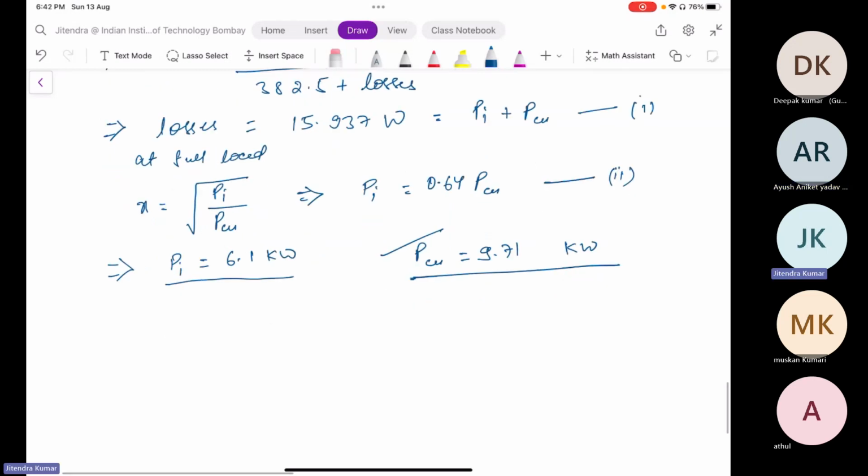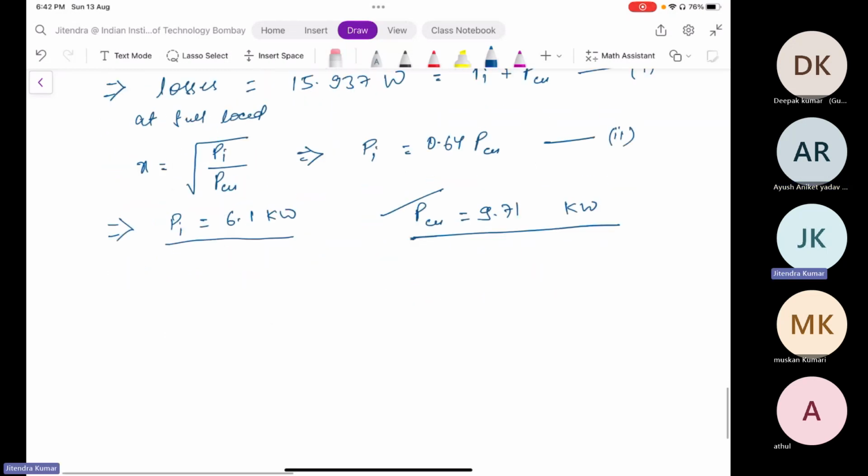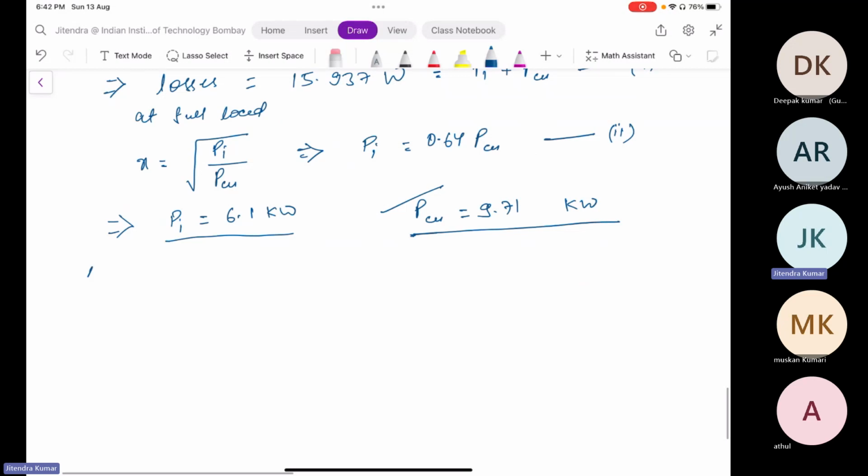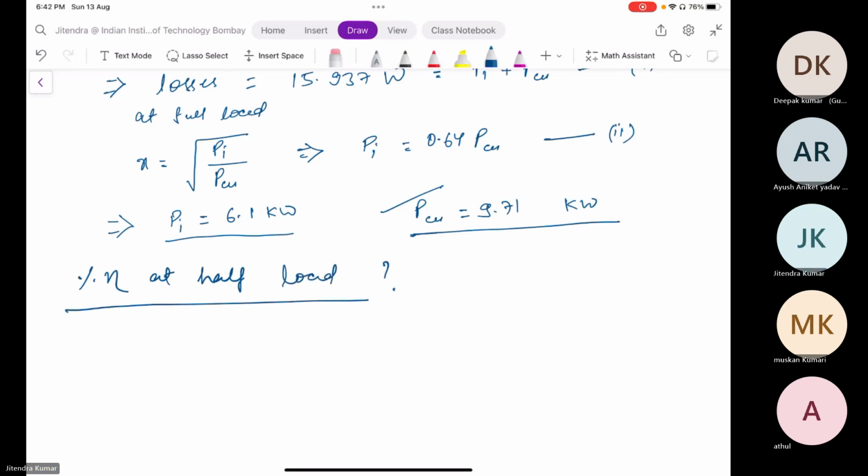So now the next part of the question is to find out the percentage efficiency at the half load. So how to compute?